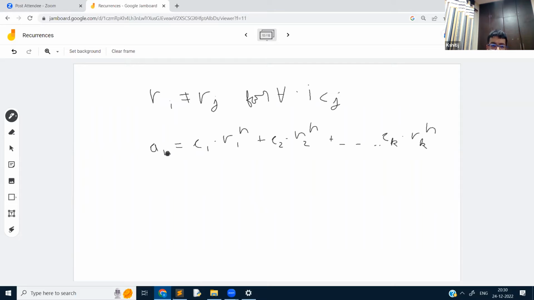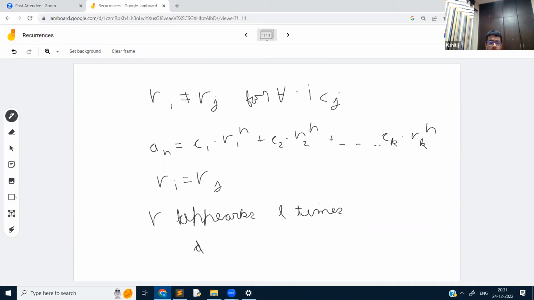If Ri equals Rj for some i, j, so suppose a root R appears L times, in that case, instead of this, it will be of the following form.